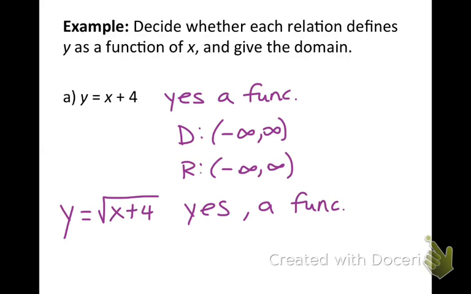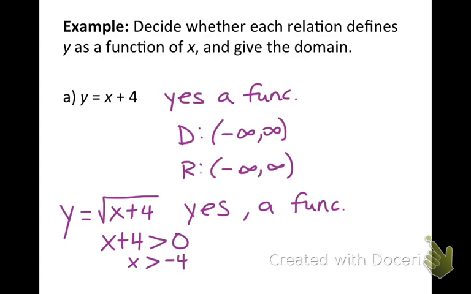So think about this. What is the smallest x value I could put in here to get an actual number? Not 0. Negative 4 would get you 0, right? Anything smaller than negative 4, I'm not going to be able to get that out. So whenever you get a square root sign like this, x plus 4 needs to be greater than or equal to 0, which means your x needs to be greater than or equal to negative 4.